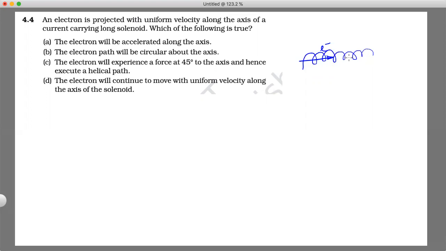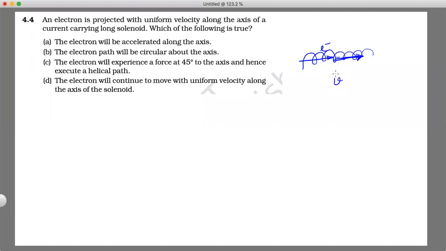First, let's find where is the B. In a solenoid, the B will be along the axis, in either direction. We don't know the direction yet, but it will be along the axis. And the electron is also moving along the axis.